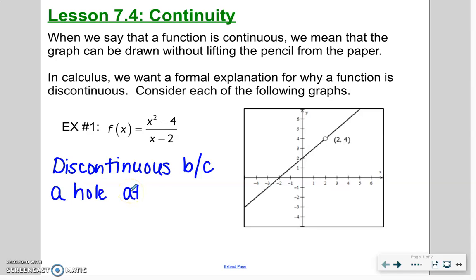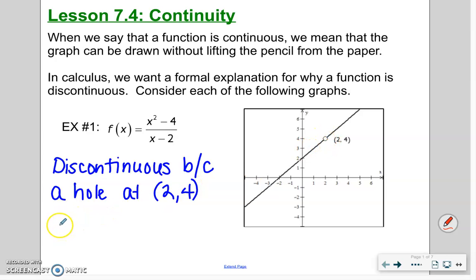Or you could say there's a hole at (2, 4).